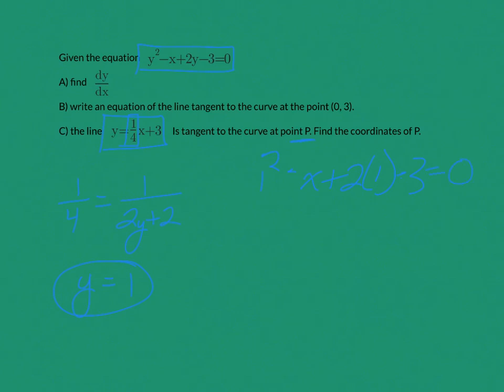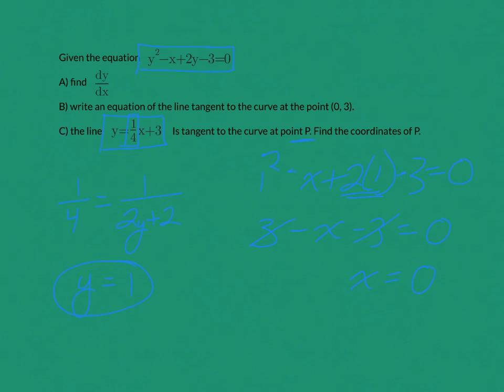We end up with 1 plus 2, that is 3, and minus x minus 3 equals 0. That cancels off, and it looks like maybe x is equal to 0.